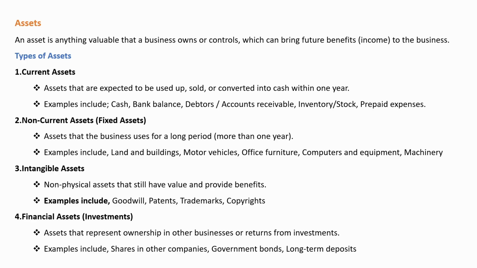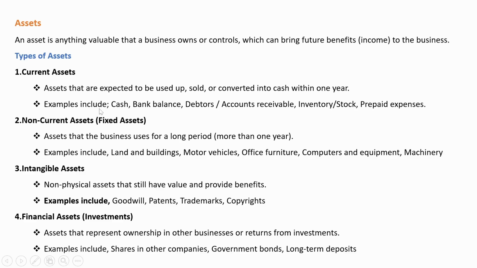So that is a current asset. So you receive cash from the bank. The cash you have is a current asset. You don't have intentions of keeping that cash. You are going to spend it. So current assets, you don't have intentions of keeping them in the business for a period of 1 year.